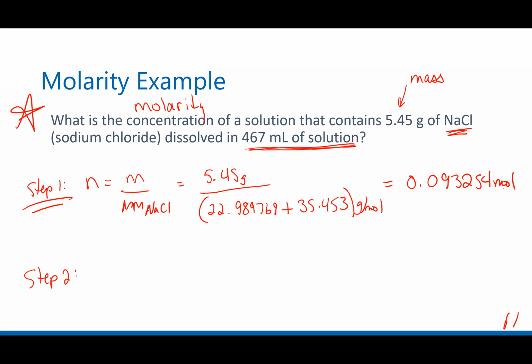Now, a little discussion about significant figures before I move on. Remember the hint I gave you a few classes ago. The easiest way to answer significant figures in chemistry is to look at the question, find the lowest number of significant figures, it would be 3, and just make sure your answer has 3 significant figures.